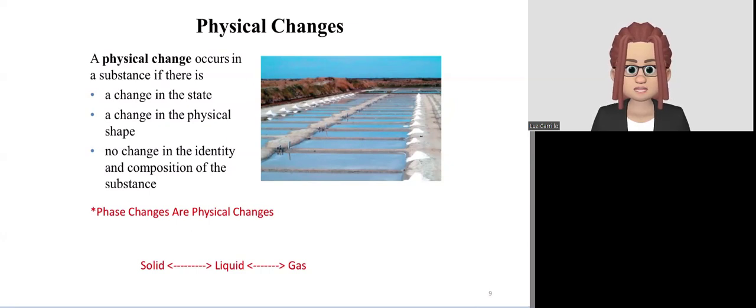So this is representing a physical change for specifically the water and the salt that was present there. Let's now define words that will explain the different changes that can happen between the physical states of matter. And remember that a change, a phase change, is always a physical change.